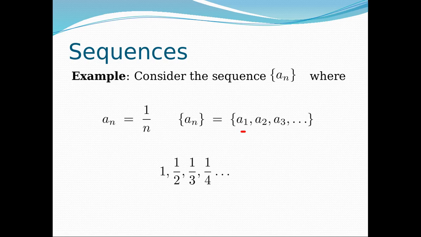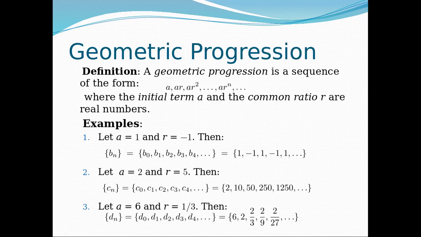And the earlier example that I gave you about the students could be any arbitrary set. Now, something important is a geometric progression. A geometric progression is a sequence, which means it is again a function from a subset of integers to some set.